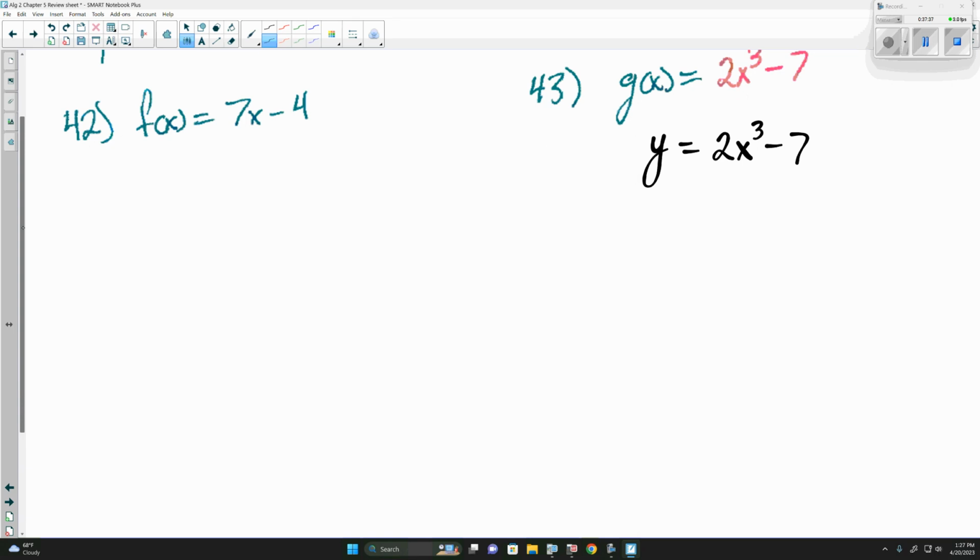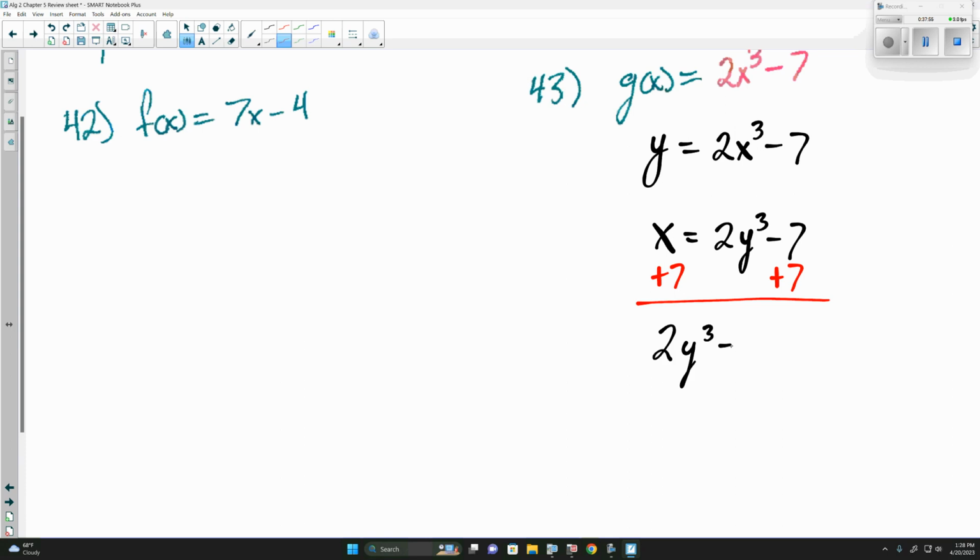Replace g of x with y. Now we flip x and y. Now we get y by itself. We'll start off with addition or subtraction first. Adding 7, telling us 2y cubed is equal to x plus 7.